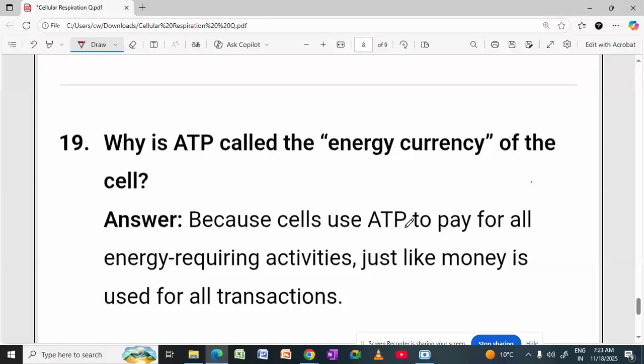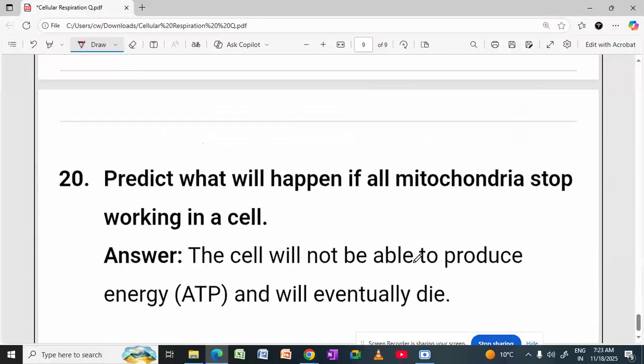We use money for all the transactions that we have to do. In the same way, our cells also use ATP for energy-requiring activities.